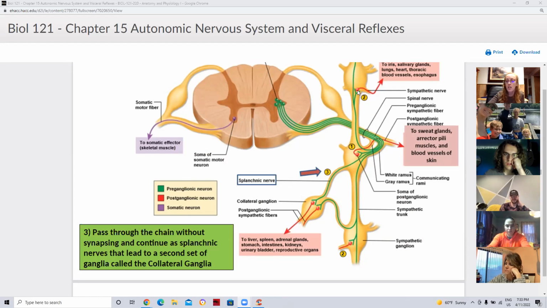Or they can pass through the chain without synapsing with any ganglia and lead to another ganglion called the collateral ganglion. Questions?